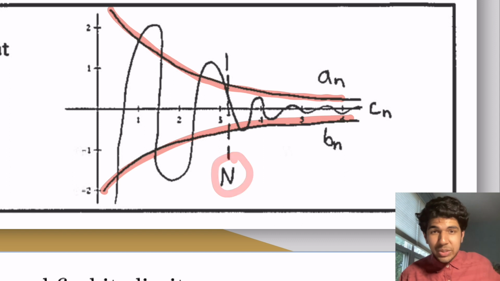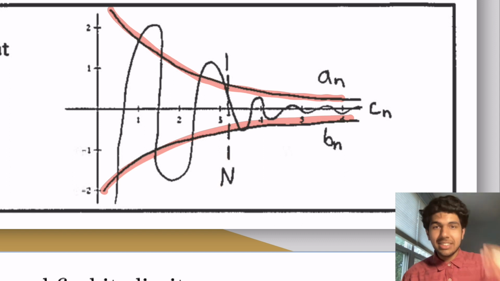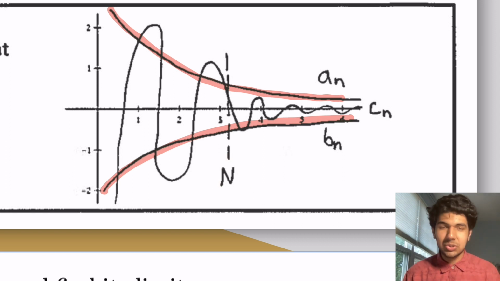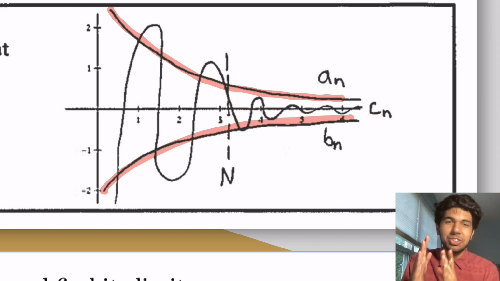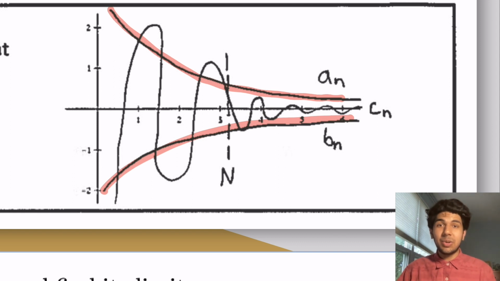If it's squeezed in between there, its limit must be the same as those two, because those two share the same limit. So we're finding a point where our third sequence is contained within the other two sequences, and if that continues on for eternity, then we can conclude that the limit is equal.